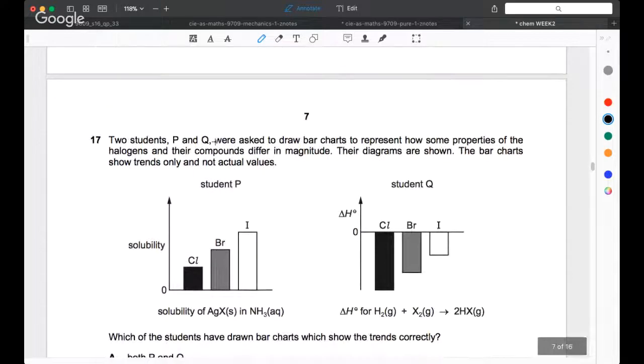Question 17. Which one of the charts is correct, or are they both correct?